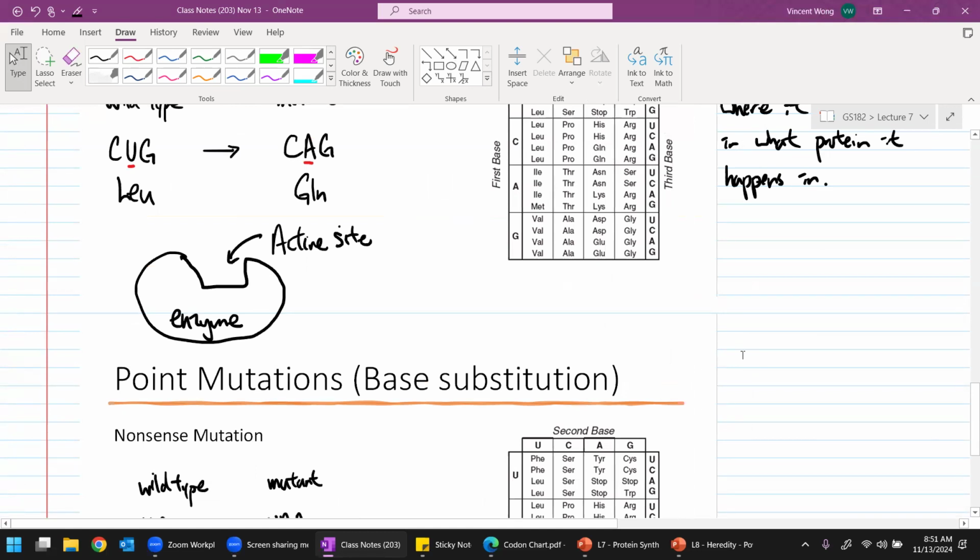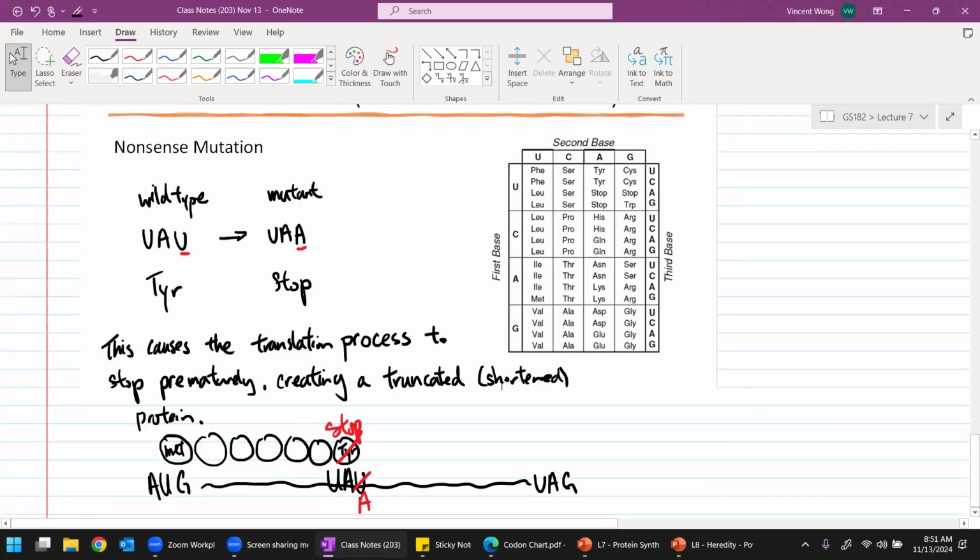It depends on where it's happening. Right? I can have a missense mutation in the active site, and that would be worse than a nonsense mutation that's happening at the end, right? It doesn't have to happen in the middle. What if the nonsense mutation happens right here? Then maybe it's okay because you're losing just one amino acid, right? You're gonna stop anyways, but you stop a little bit earlier, right?